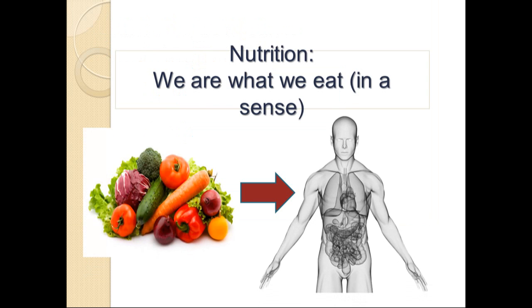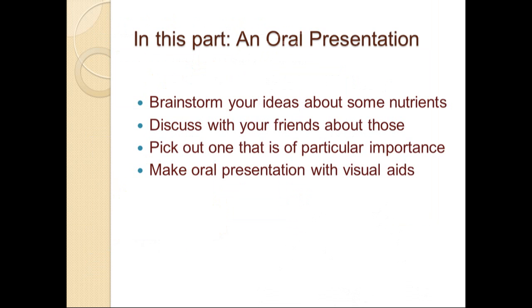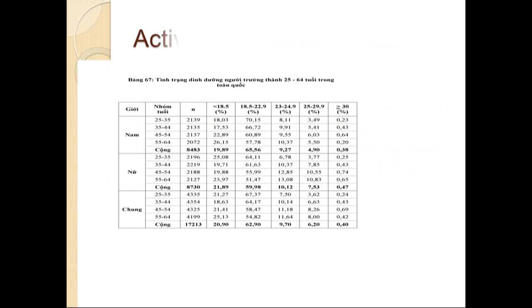In the first part, nutrition, the students are required to make an oral presentation, and here are my requirements and guidelines for them. The second part is the activity of chart making.